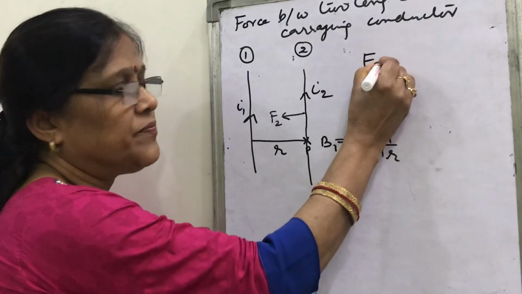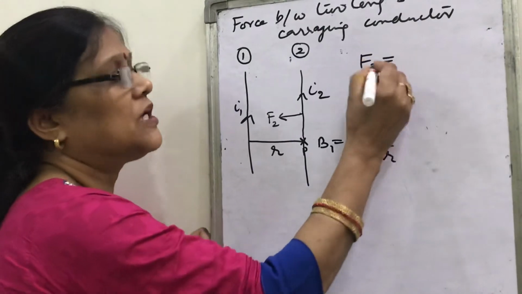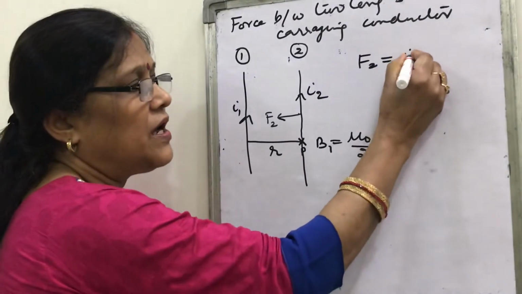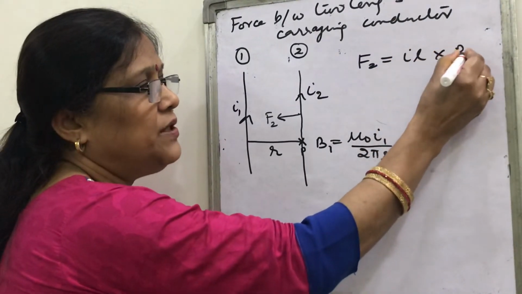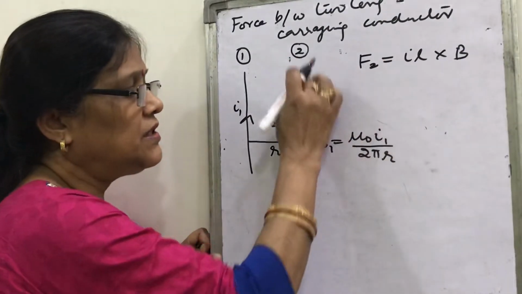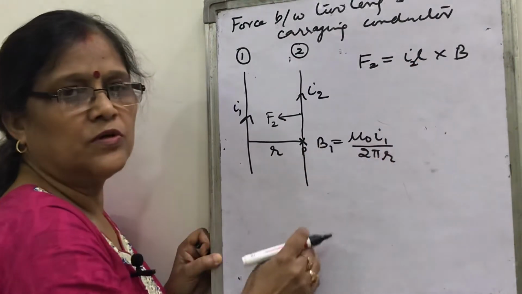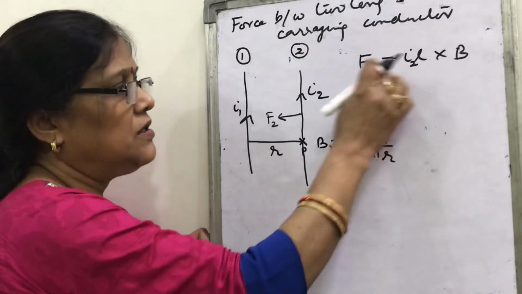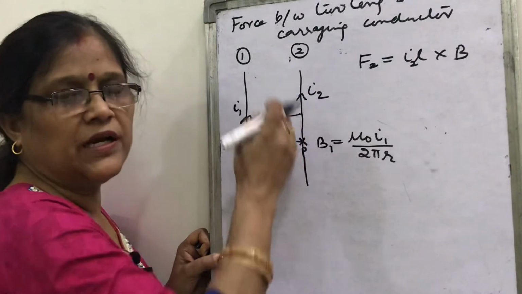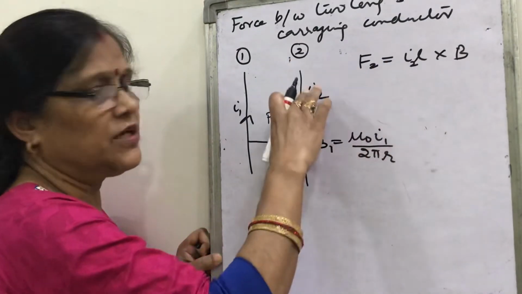F2 will be, in the previous expression you have read, I L cross B. What is I in this wire? I2, you put the suffix 2. L is the length of the wire.